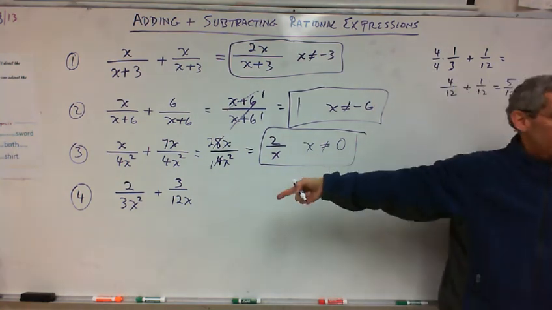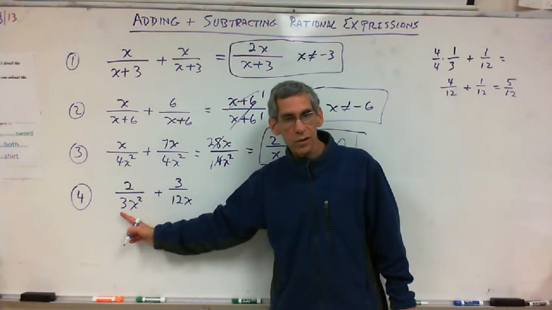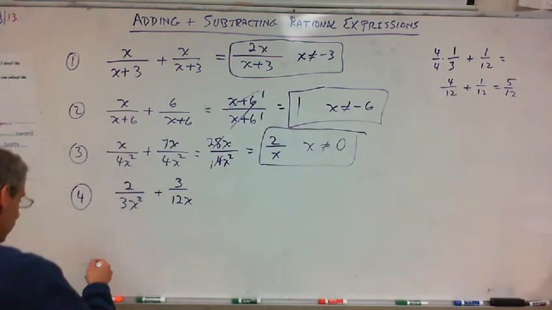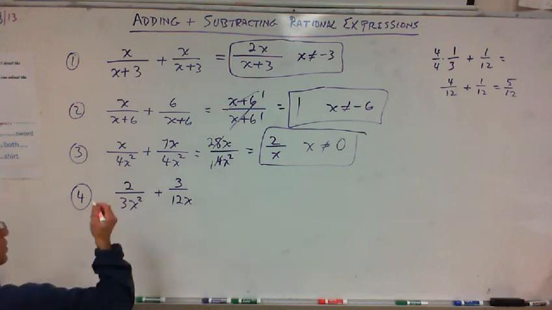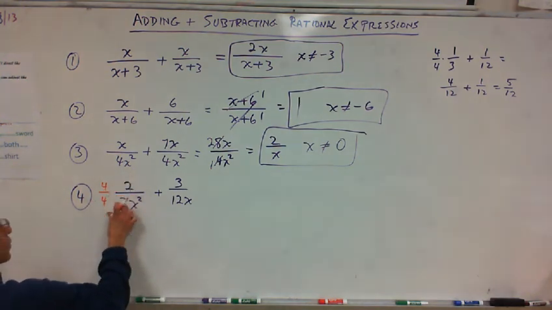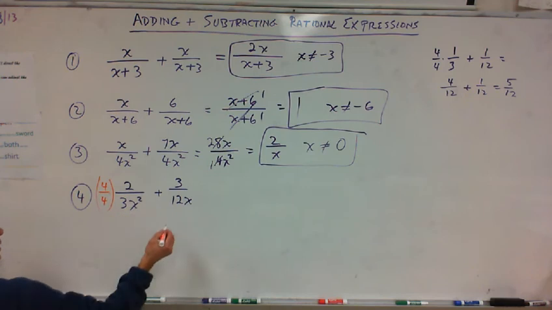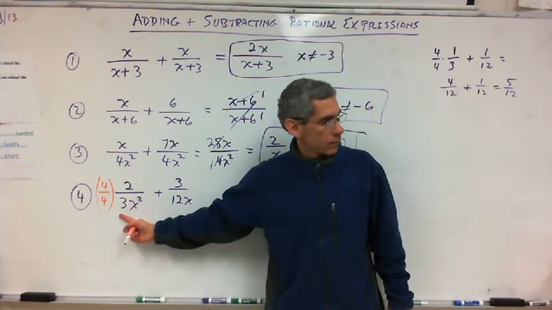We're going to do the same thing here. So we have a 12, we have a 3. We're going to turn that 3 into a 12. I'm going to use a different color just to make it easier to see. We're going to multiply this times 4 and this times 4. Okay, so basically times 4 over 4. I like to do it like this. And then that's going to give me 12x squared.